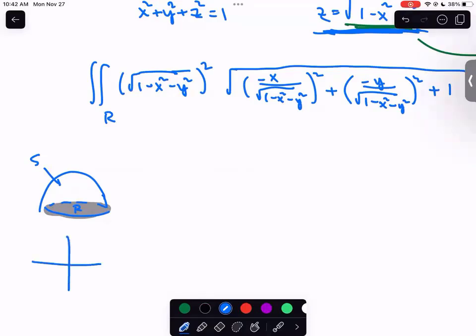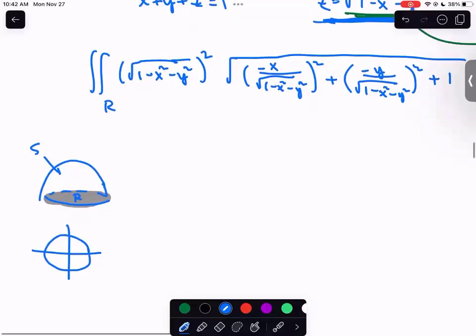If I look at this head on, this was a sphere of radius 1, and when you smush a sphere of radius 1 down into the xy plane, it's maybe not surprising that you have a circle of radius 1 in the xy plane.